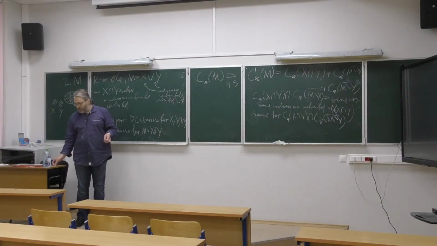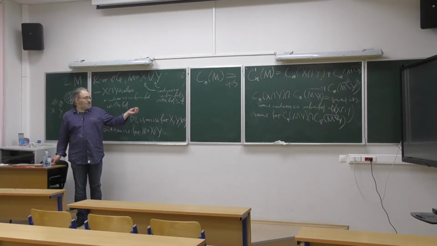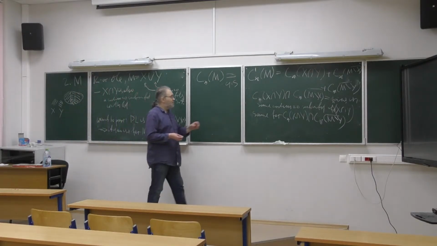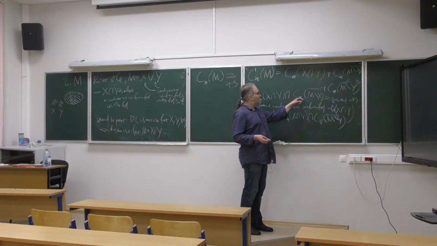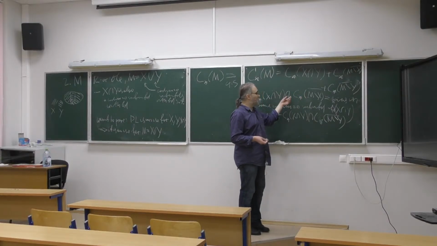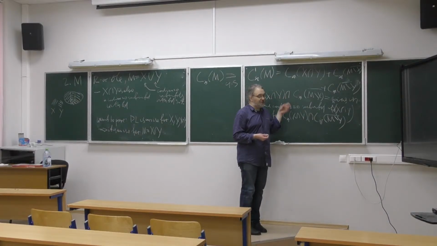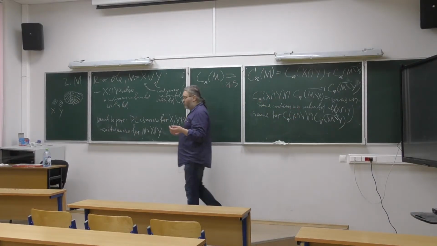What do you think? If I take m, take away x, and then take the closure, take away y, then take the closure, and intersect everything with x cap y.